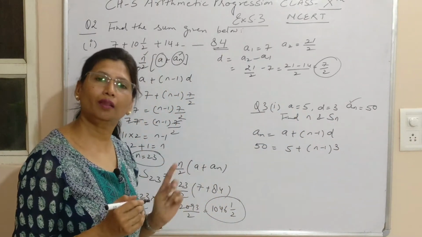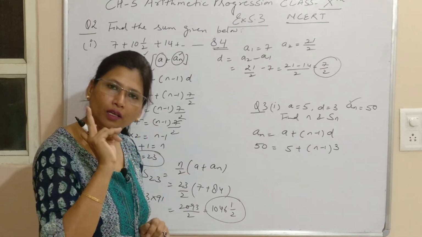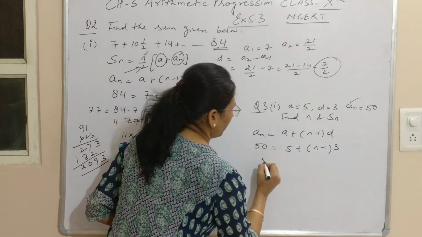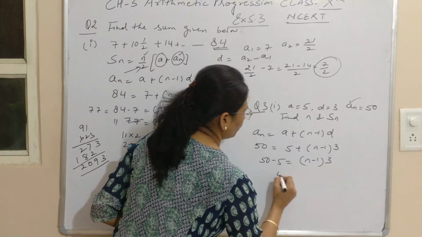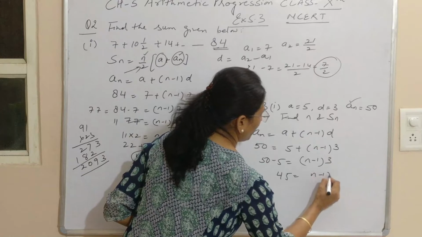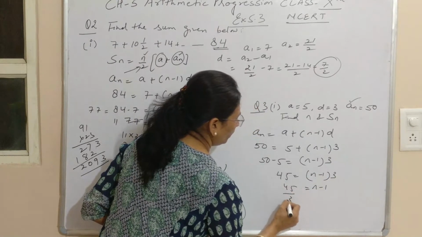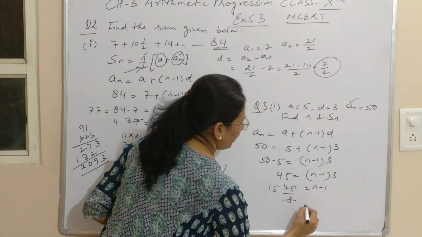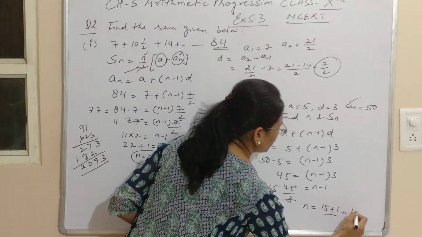So in this equation you have all the variables except 1, which can be easily calculated. Now 50 minus 5, this is (n minus 1) into 3. Now this is 45 is equal to (n minus 1) into 3. n minus 1 is equal to 45 upon 3, that is 15. And n is equal to 15 plus 1, this is 16.